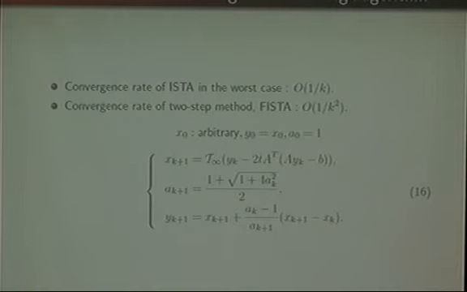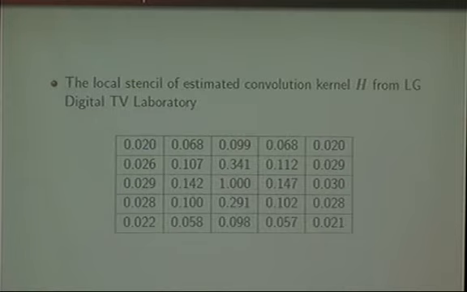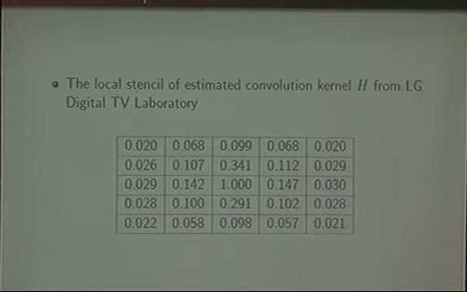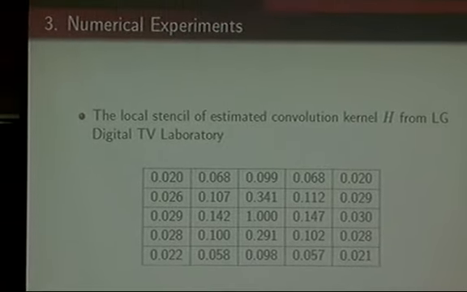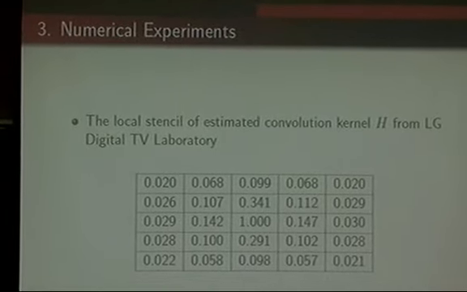So it is a kind of acceleration method for ISTA. This is called FISTA. For ISTA the convergence rate is 1 over k, and for FISTA it is 1 over k squared. So it is very fast. We got the deblurring operator from the AG-Vista TV laboratory.